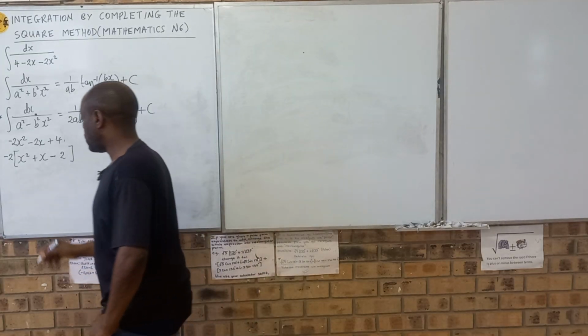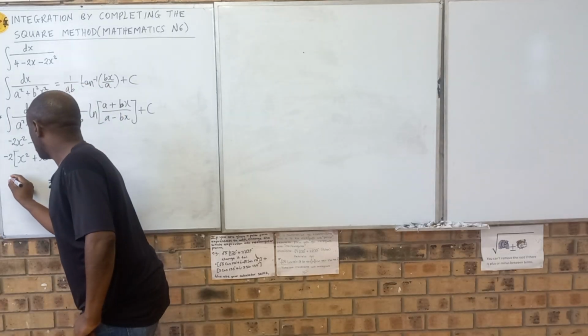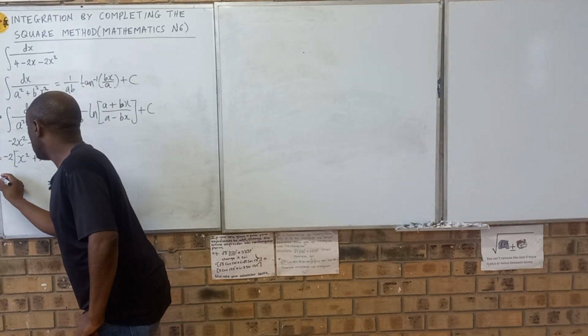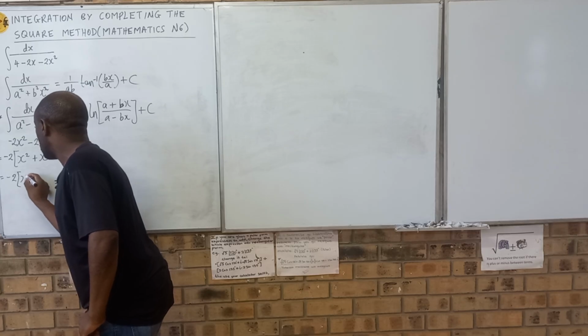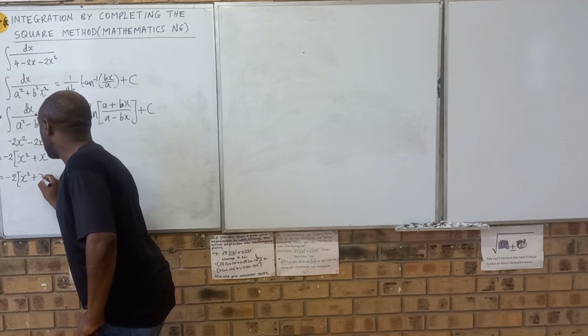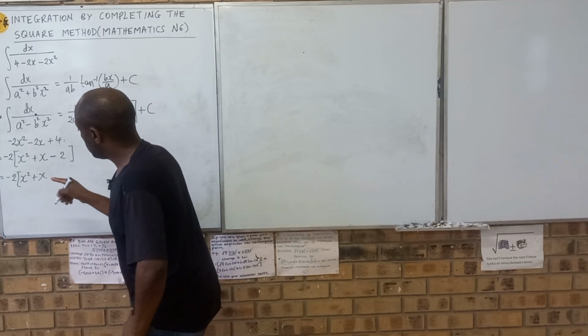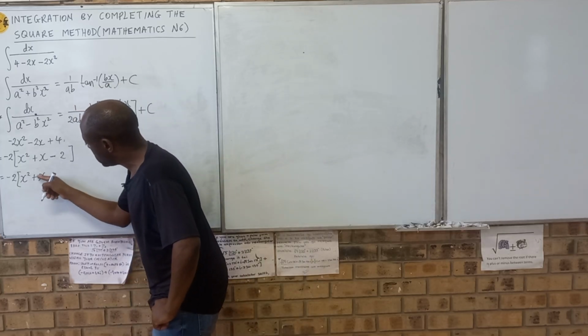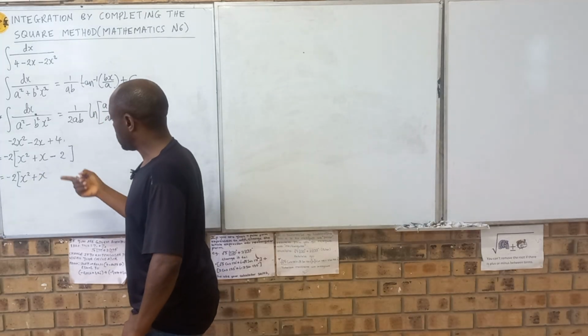Second step, we complete the square of the quadratic in the square bracket. To complete the square, usually the first two terms, which are the quadratic and the linear term, are written exactly the same way you see it. Then you have to take half the coefficient of x. You see, x does not have a number in front, so its coefficient is 1.